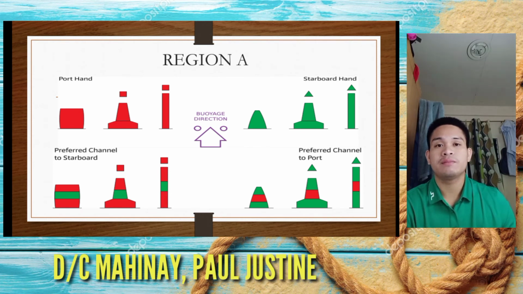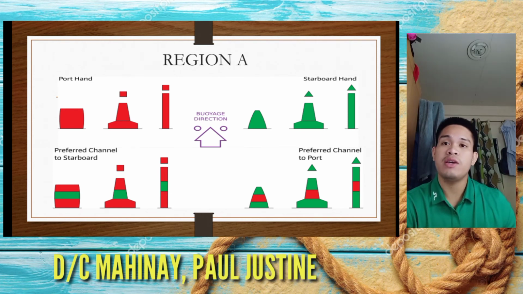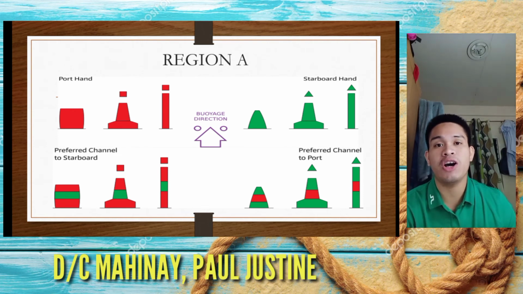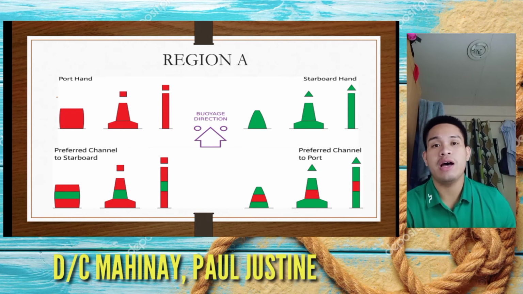If you see a preferred channel to starboard, the color is red with one broad green band, and the shape is can, pillar or spar. Top mark single red can. So always remember the direction of the voyage, the color magenta, is going upward.